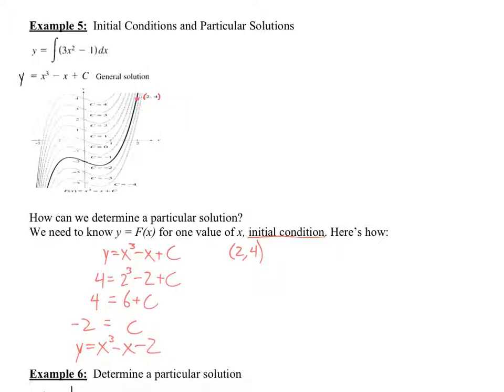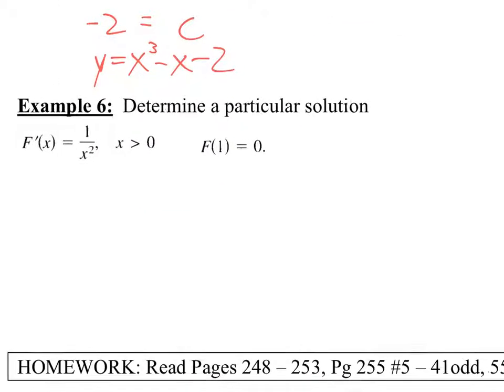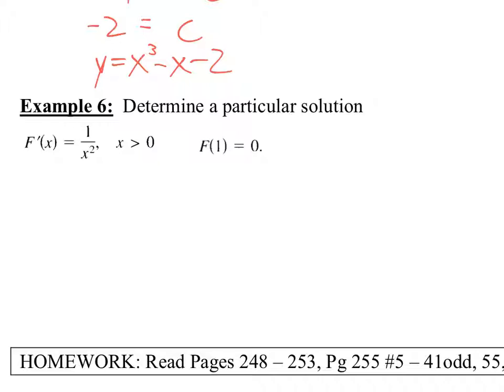Okay, so just to take one from start to finish, we want a particular solution if capital F prime of x is 1 over x squared, x is greater than 0, and capital F of 1 equals 0. So remember this notation, capital F prime of x, that's the same thing as saying little f of x.